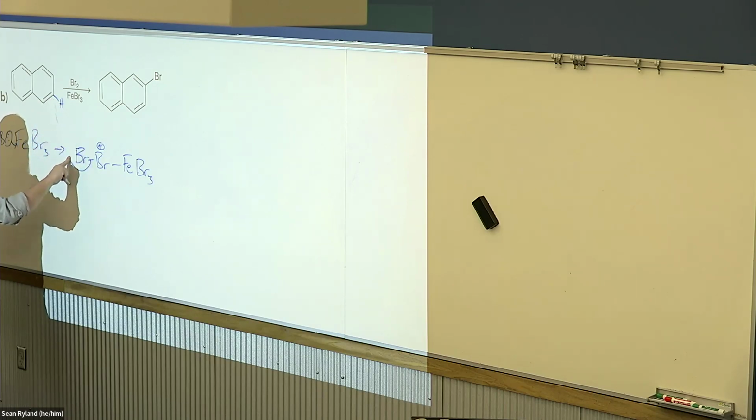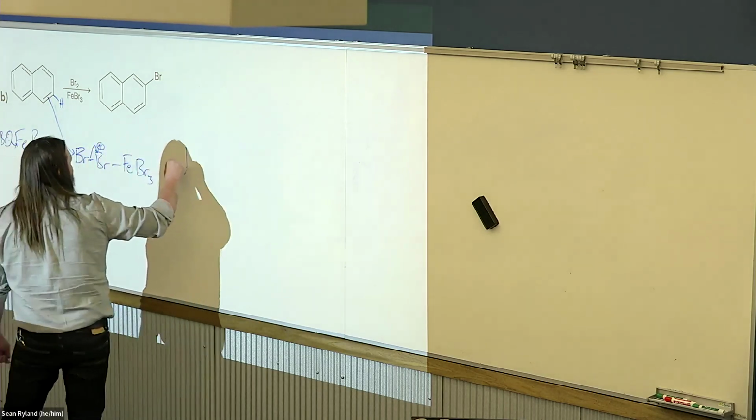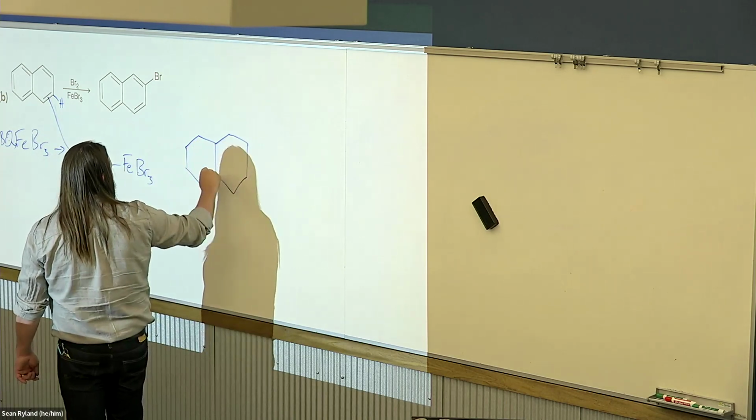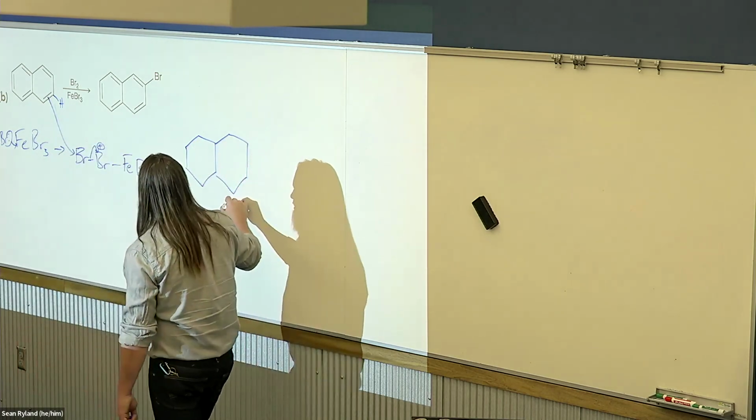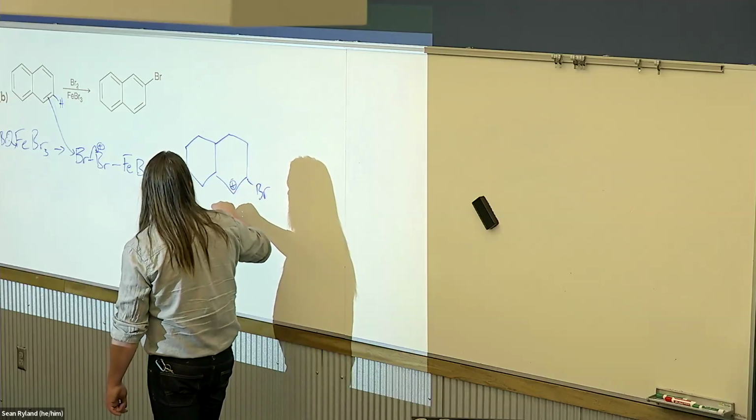Nope, wrong direction, didn't I? Easy to do. So remember that the sigma complex is positively charged. Make sure that you do that the right way. So then our sigma complex is going to look like bromine here, positive charge there.